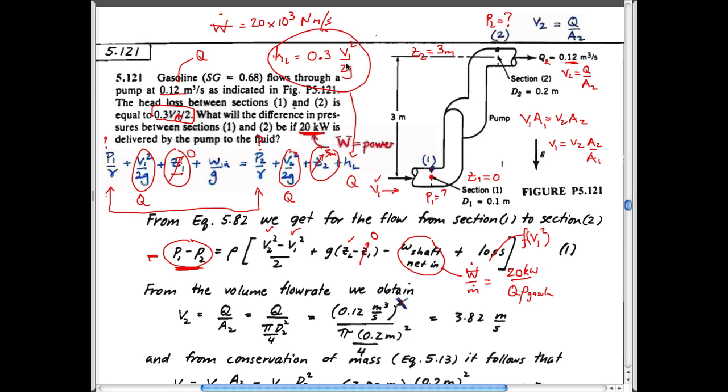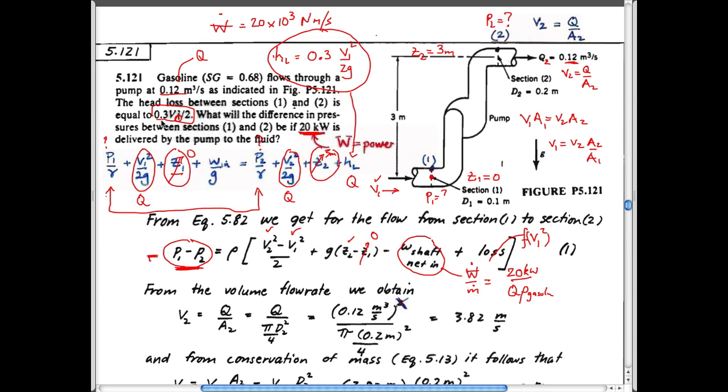It is written this way because this Bernoulli term, v squared over 2g, has units of length. So for this to be in units of length, it has to be written in this way.